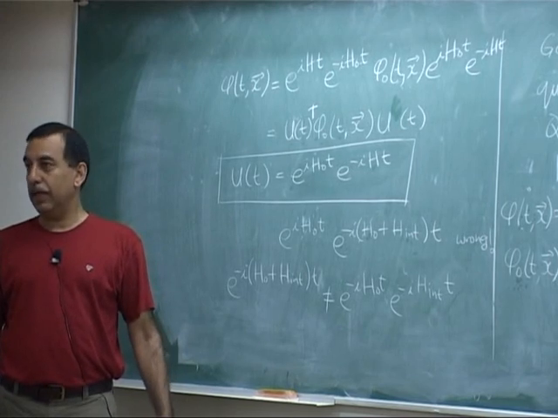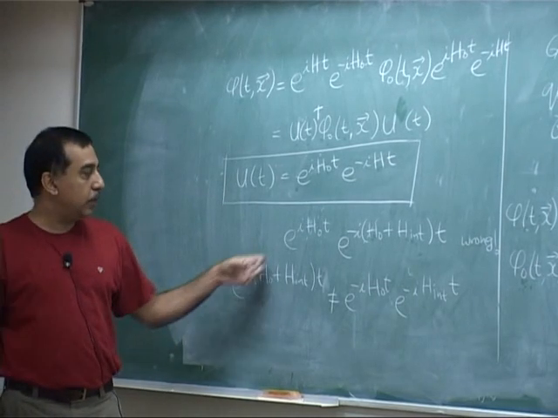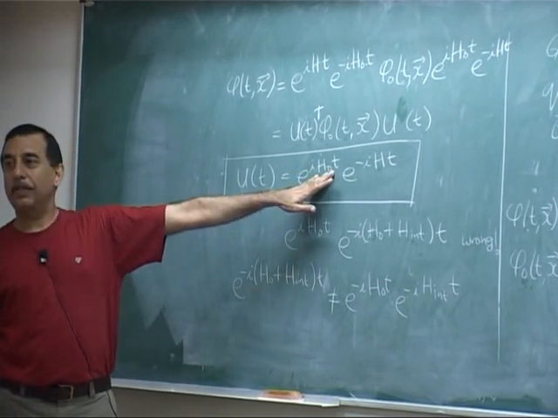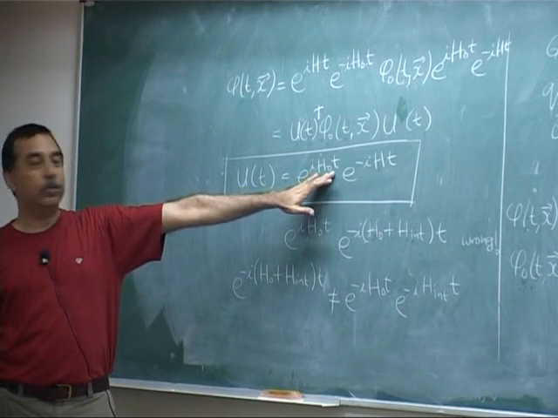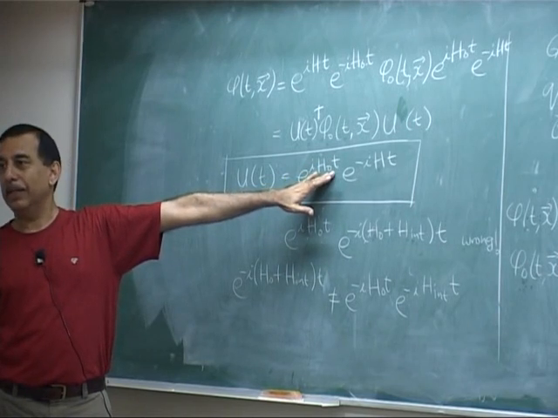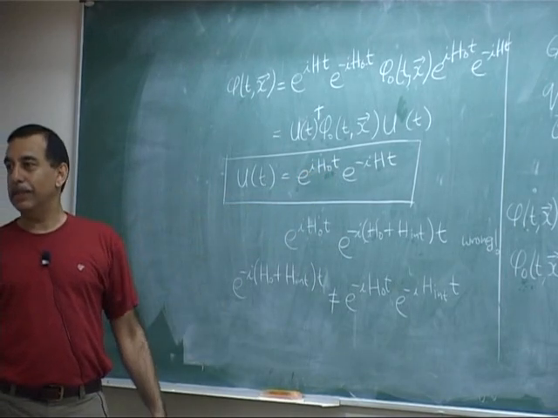H naught and H int, thank you, are both operators. Okay, the whole point is we write exponentials very cheerfully as if they are the most natural thing in the world, but what we really know is e to the x, where x is a real variable. Here we have written e to the h, where h is an operator. In fact, at some point one should stop and reflect what is the meaning of this.